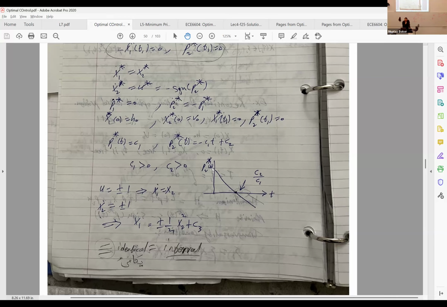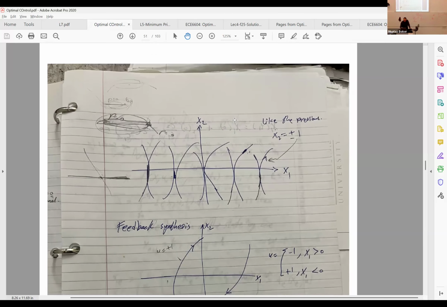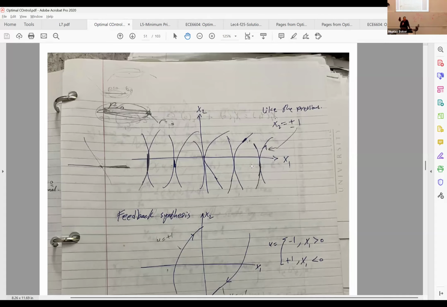If you take now the equations for the state, you have x1 dot is equal to x2, x2 dot is equal to plus or minus 1, because x2 dot is equal to u. If you solve these two equations, you'll end up with X1 is equal to plus or minus half x2 squared plus C3. These curves are the same as in the book.